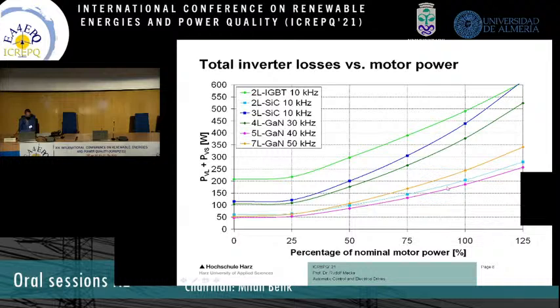This is the light blue curve. And with a 5-level inverter, a further reduction of about 10% is possible. You can see this in the magenta curve. The 7-level inverter increases the losses, so the 5-level inverter is an optimum in this configuration.